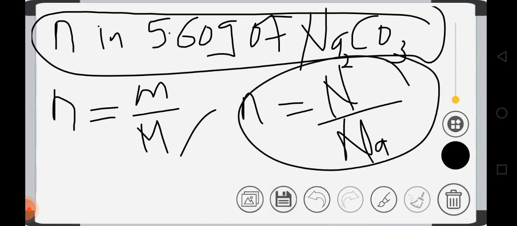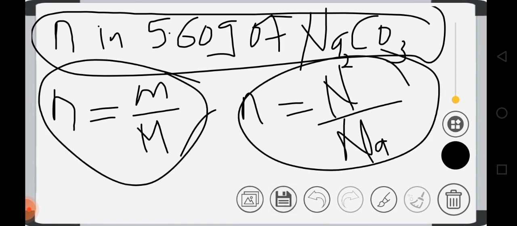So these are the two formulas we have derived so far from this concept. If you have not watched other videos concerning mass and amount of substance calculation, watch the other videos, amount of substance by the Best Academy.